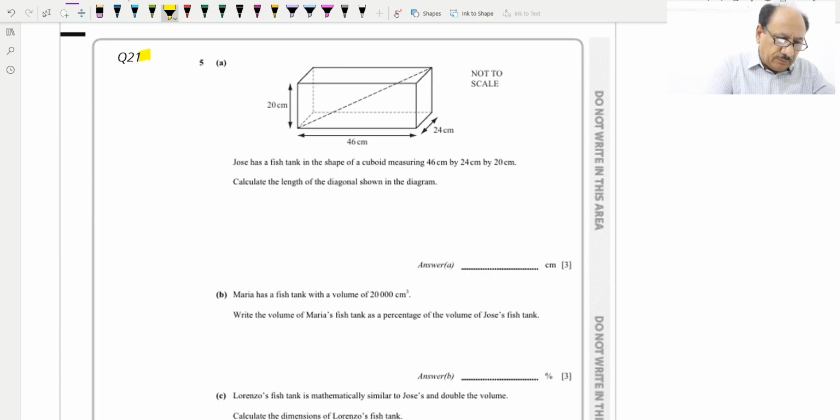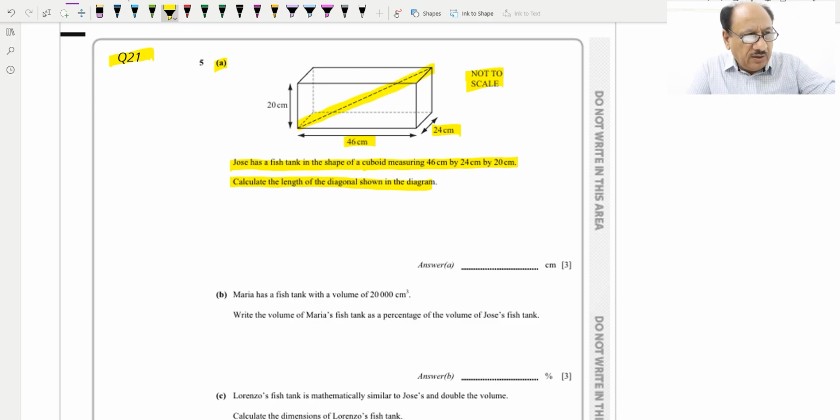Question number 21. Diagram is not to scale, and part A says Joe has a fish tank in the shape of a cuboid measuring 46 centimeters and 24 centimeters. Calculate the length of the diagonal shown in the diagram. So this is the diagonal for which we require the measurement. Hopefully now you have gone through the video and you know the strategy to find this.